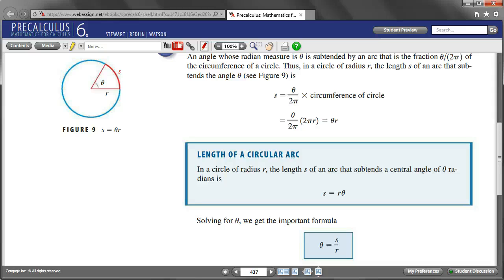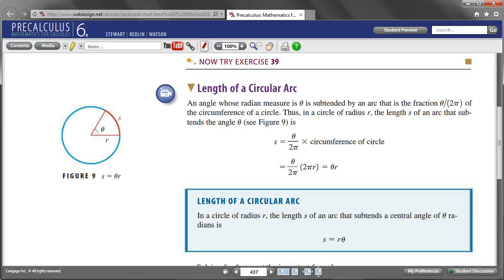And of course, if you throw away all these signs, pluses and minuses, and then algebraically manipulate, multiplying R to both sides, then we're going to get the previous formula, S equals R theta. And that's how we can find out arc length from the central angle and the radius, if you have radian measure.